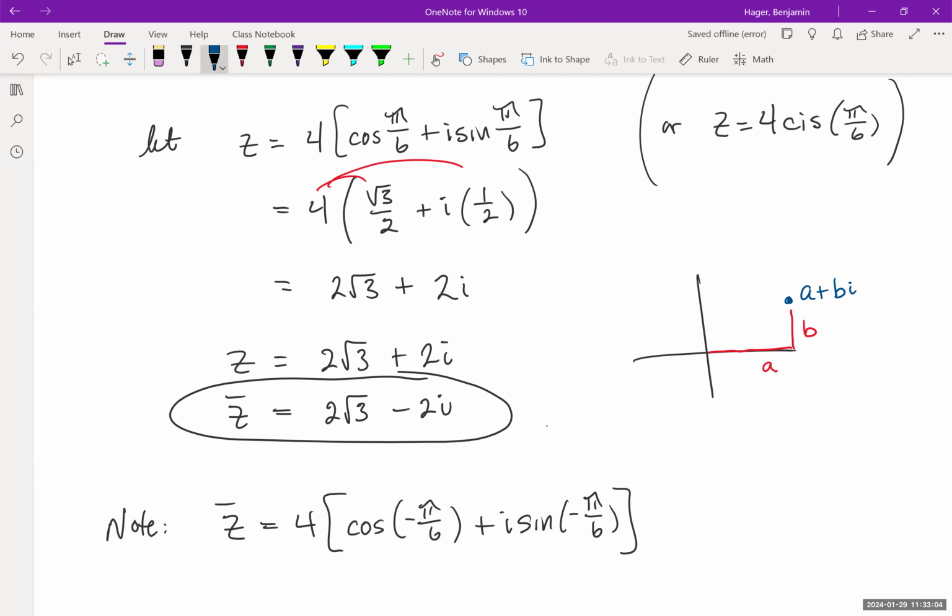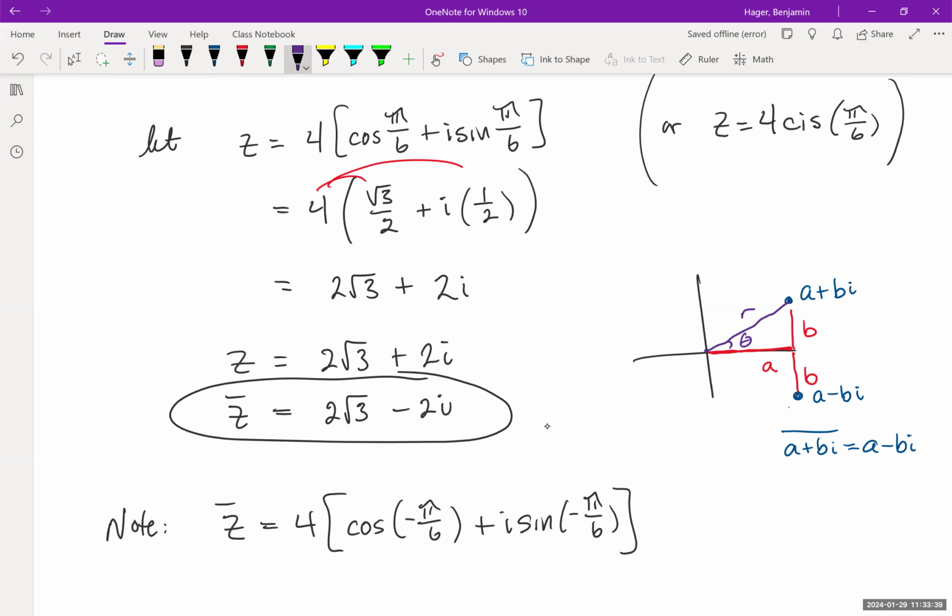The conjugate of a plus bi would be a minus bi. And so if I had to graph that, I would go right a, but this time I would go down b, to get to the conjugate a minus bi. And so if I'm thinking of trig form or polar form, to get to a plus bi, I would have to rotate some angle theta and march r.